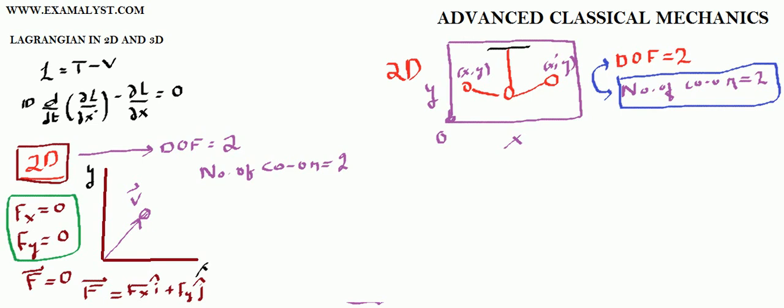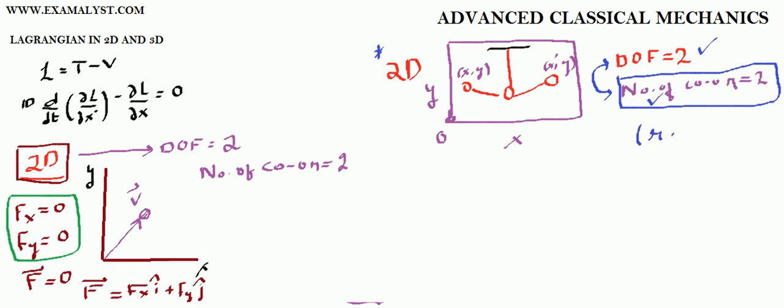I mean the minimum number of coordinates required to describe the pendulum in any coordinate system is 2. If I ask you how many polar coordinates I need to represent the motion of the pendulum, you can directly tell me without looking at anything. Since the degree of freedom is 2, the number of coordinates is 2, so the number of polar coordinates should also be 2. And that is true.